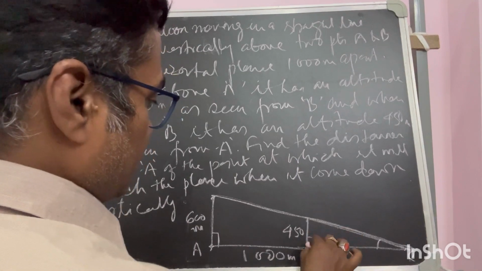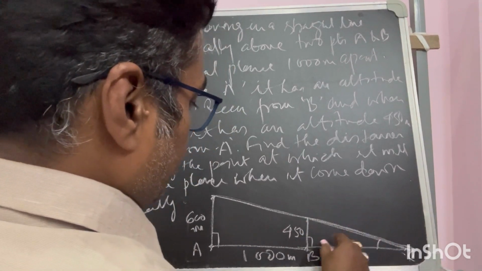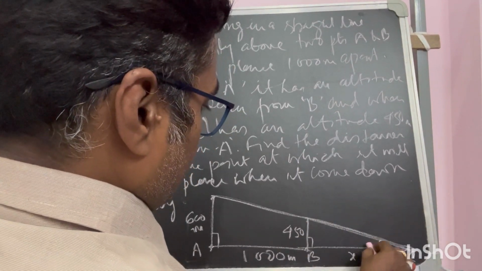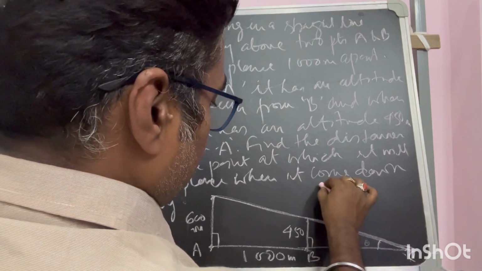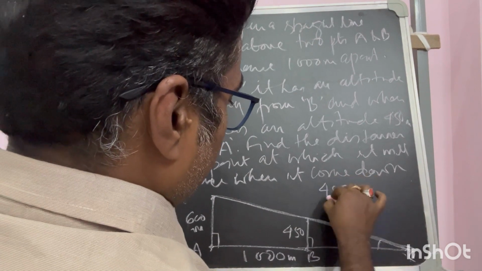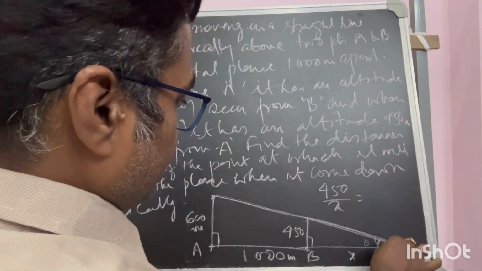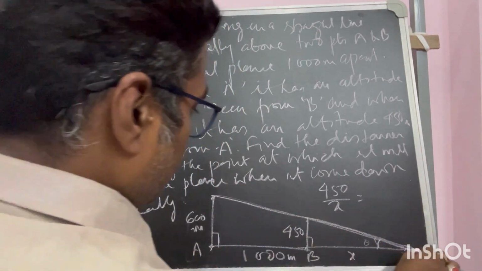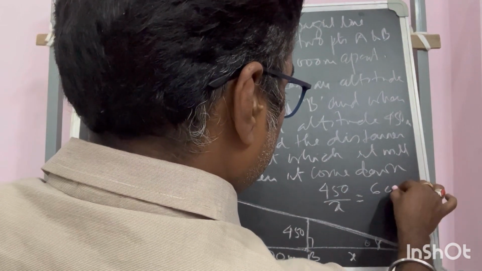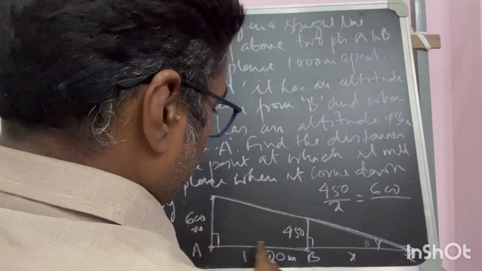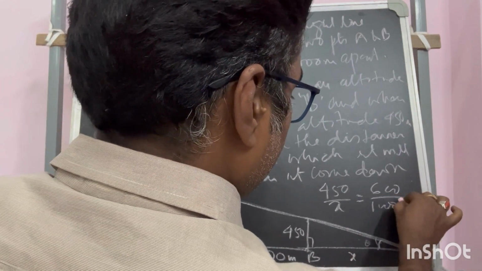If I take the tan of this angle, it will be 450 height upon X. And if I take the tan of the total triangle, the height is 600 and the length will be 1000 plus X.